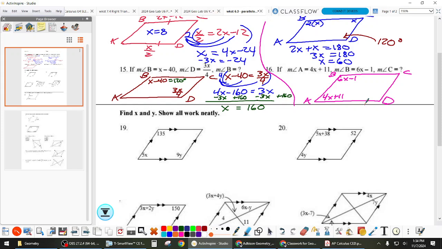Yeah, those are supplementary. 6x minus 1 plus 4x plus 11. This is 10x and 10. And x equals 17. So subtract 10, divide by 10, x is 17. Angle C is congruent to which angle? It's congruent to A. 4 times 17 is 68, plus 11 is 79 degrees.